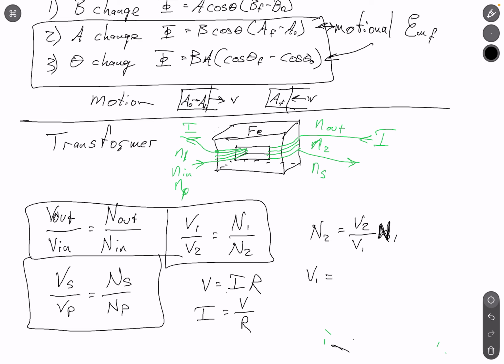V1 is equal to I1 times R. And then we're going to divide that by V2, which is equal to I2 times R. The R's cancel. And we're going to note that that is I1 over I2. But that also equals N1 over N2.